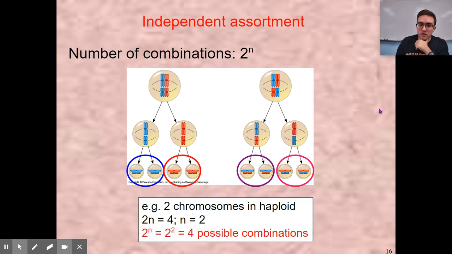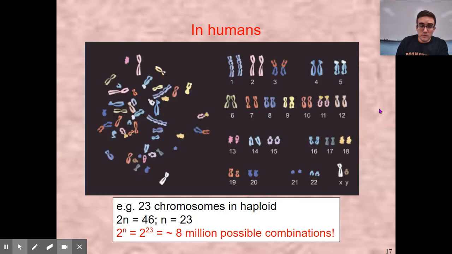And we can apply that to human cells. In human cells, we have 23 chromosomes, right? So with our formula, 2 raised to the power n, 2 raised to the 23rd power is approximately 8 million possible combinations.